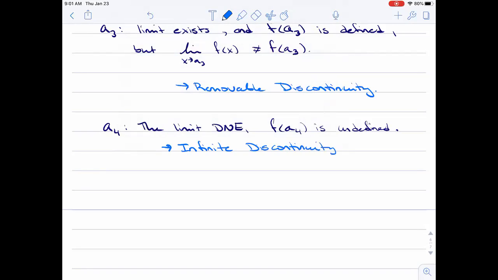Even though it is kind of a jump discontinuity too, so it is a jump, but we usually specify that it's an infinite discontinuity, right? Because it looks different than the actual jump discontinuity. Okay.